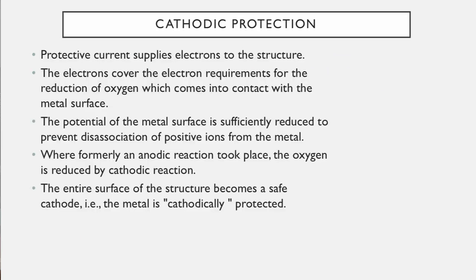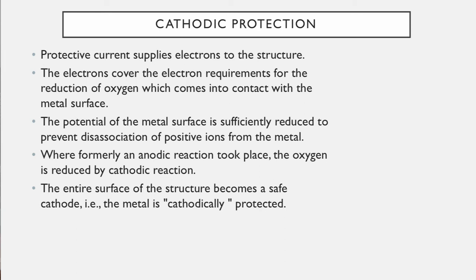Now, one of the more expensive methods we can use is cathodic protection. What cathodic protection does is you literally run a continual current through your structure. It's a low-grade current. It's not enough to shock anybody, but that current is constantly supplying electrons, and they actually will recover your metal surface such that you are not losing electrons from your metal. And so you just don't get that anodic reaction.